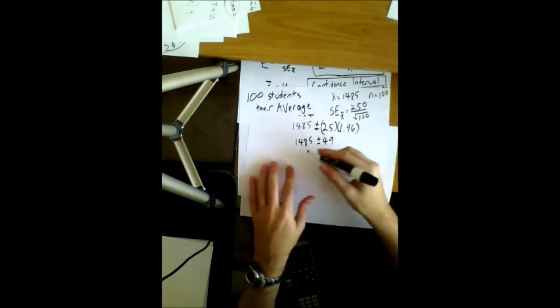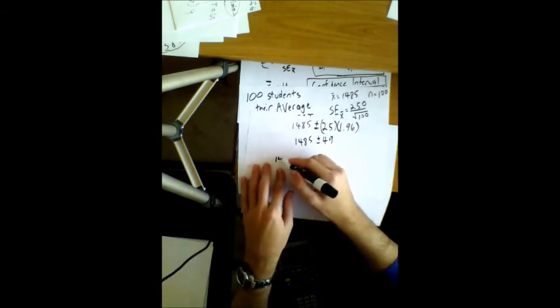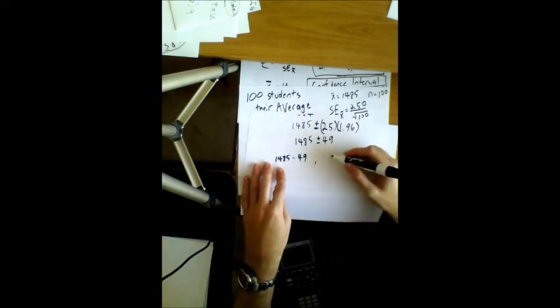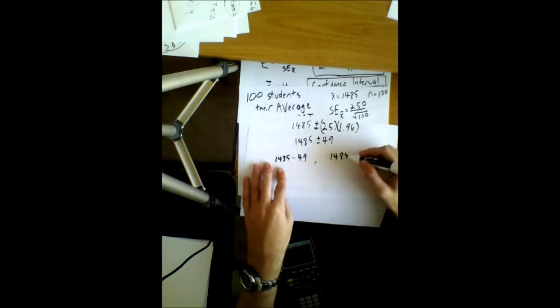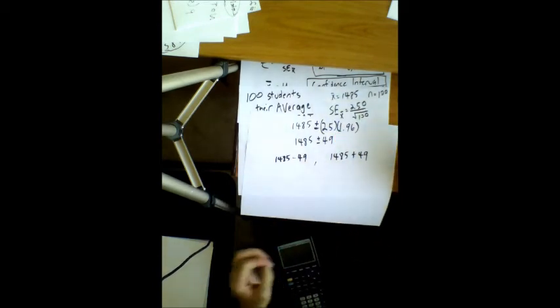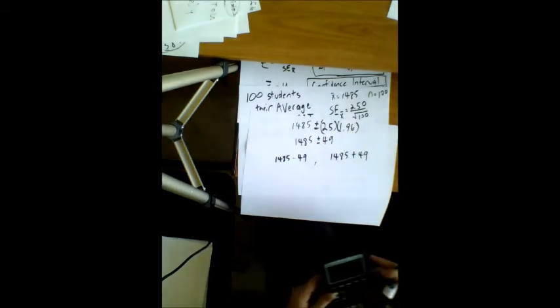So what this means is we have 1485 minus 49, and we also have 1485 plus 49. If you had used the negative of that z star, this would be negative, and you'd have instead 1485 plus 49 here and 1485 minus 49 there. It's not a huge deal. But in general, we'll just go ahead and take a positive z star.